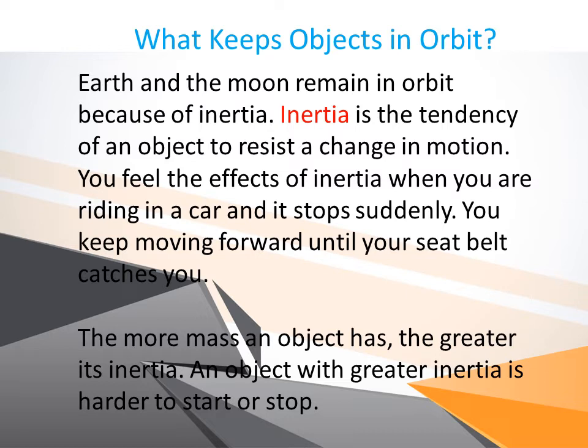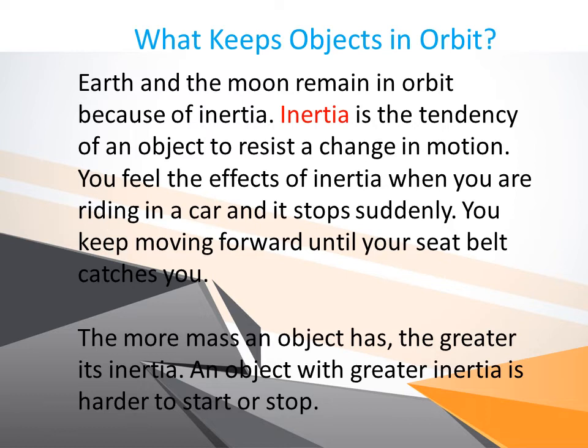You feel the effect of inertia when you are riding in a car and it stops suddenly. You keep moving forward until your seat belt catches you, because all objects have a tendency to continue their own state. A moving object has a tendency to continue moving. A resting object has a tendency to continue resting. That is Newton's first law of motion that we already studied before.